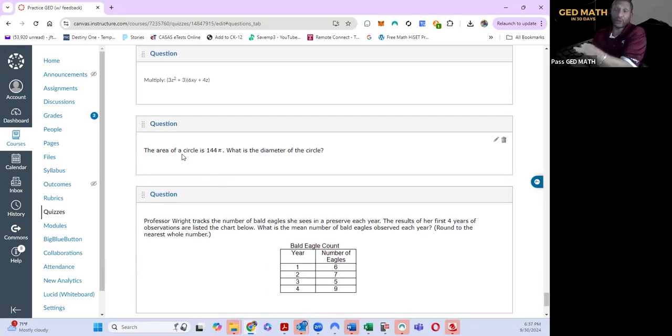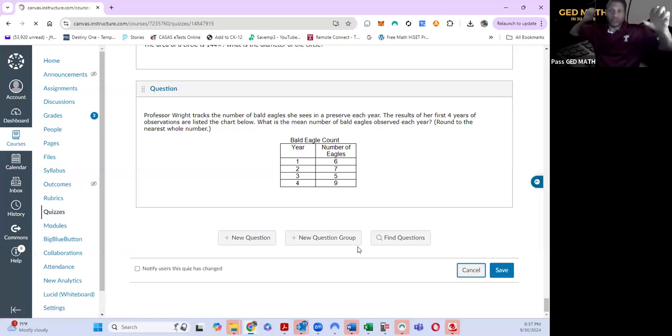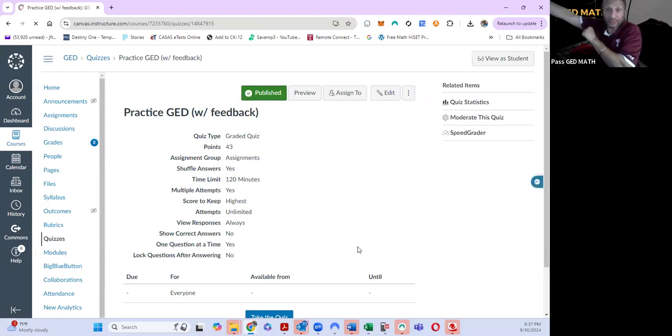What's the diameter given the area? So I didn't just say, what's the volume of this pyramid? I might have another volume question that's asking for the height. So every type of different question that they can ask you, I try to prepare you for.